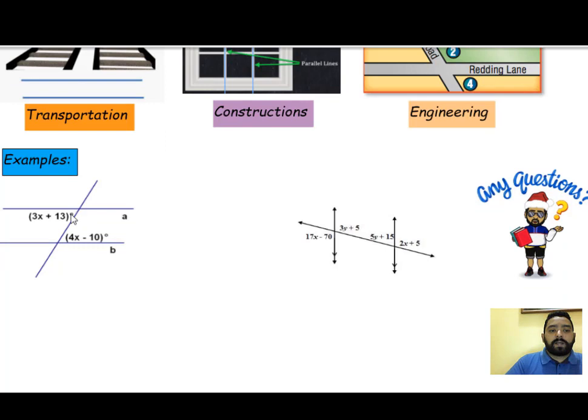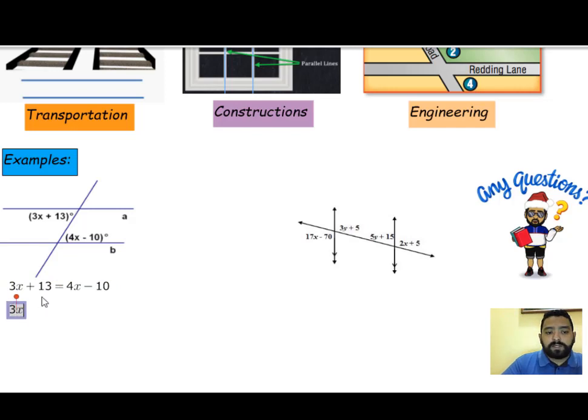So here we have 3x plus 13 and 4x minus 10. If you remember, in this relationship these two are alternate interior angles, so both are equal. What do we have to do to identify the value of x? We put an equality: 3x plus 13 equals 4x minus 10, because these angles are the same, since they are alternate interior angles. Then we arrange variables and constants.